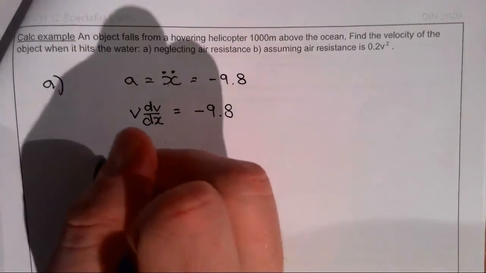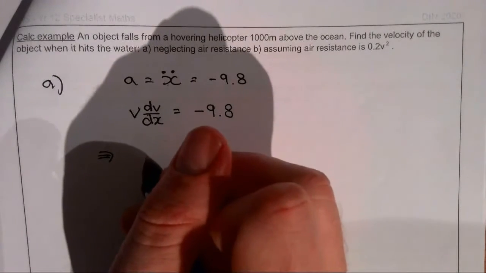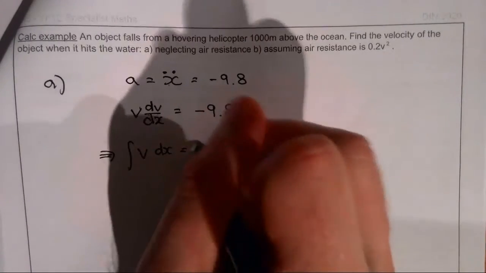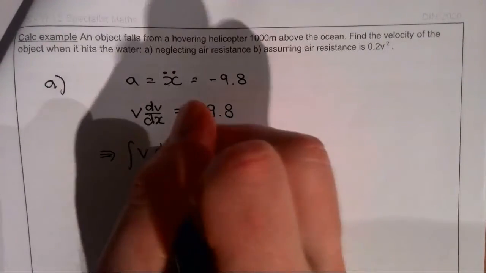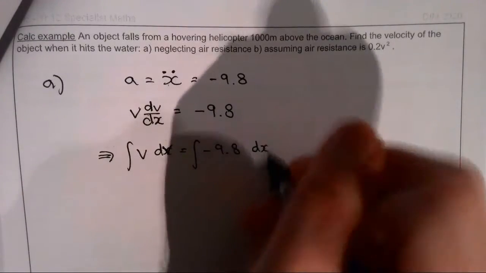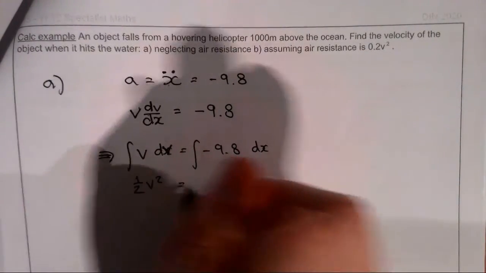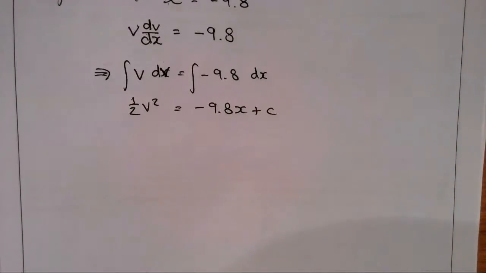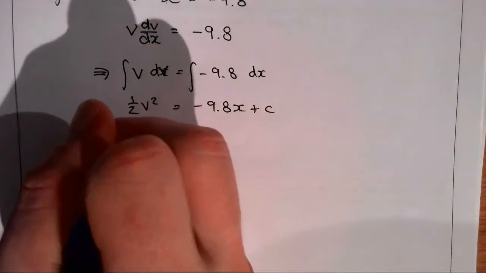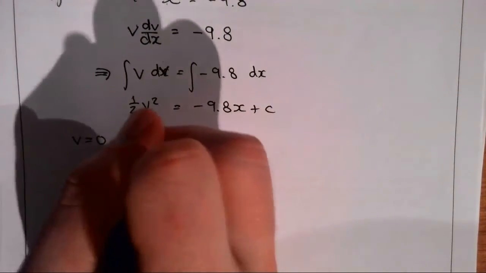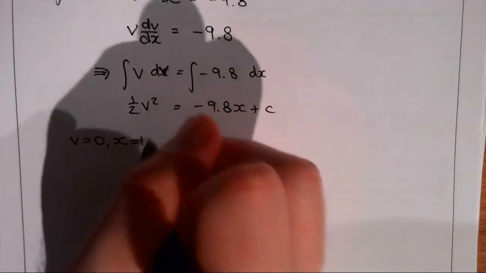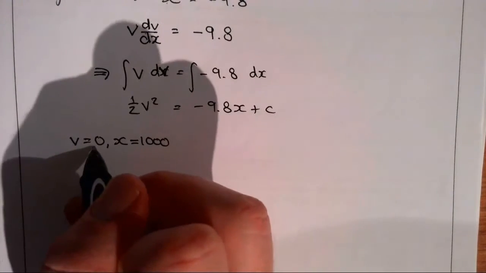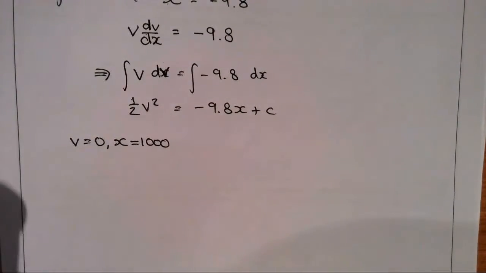Rearranging, separating variables, the integral of v dv is the integral of minus 9.8 dx. So a half of v squared is minus 9.8x plus c. And then substituting in the fact that at the beginning the height or the position is 1,000 meters, but the velocity is 0 because it's just dropping.